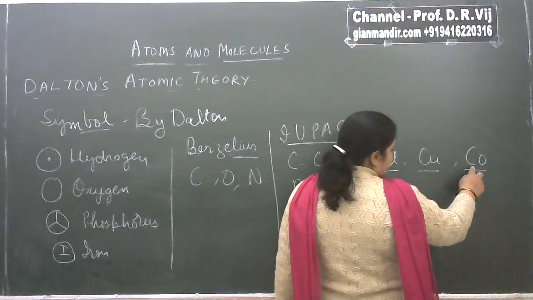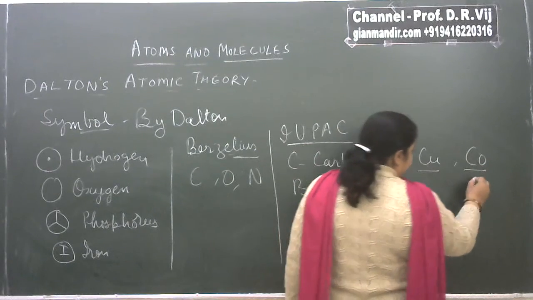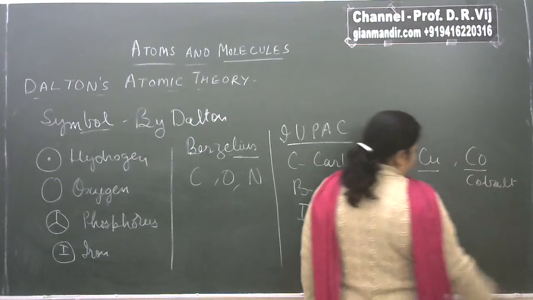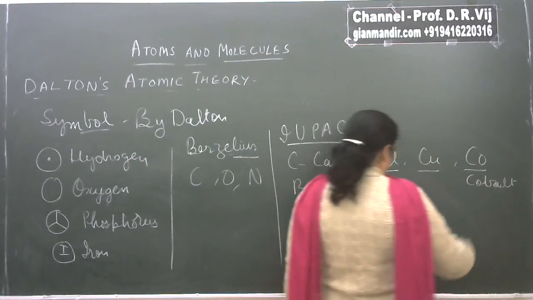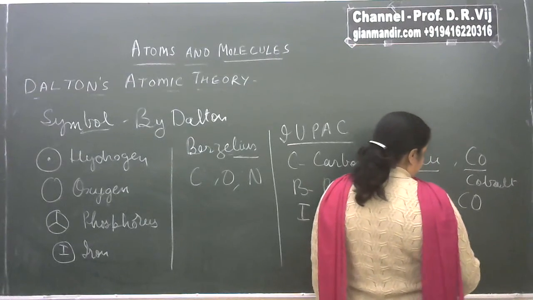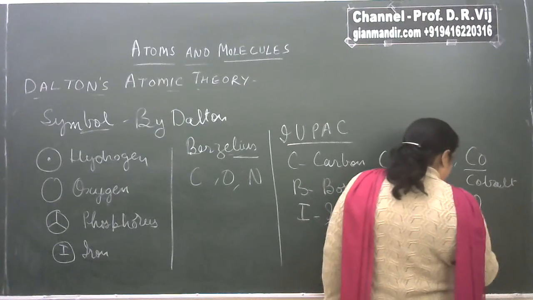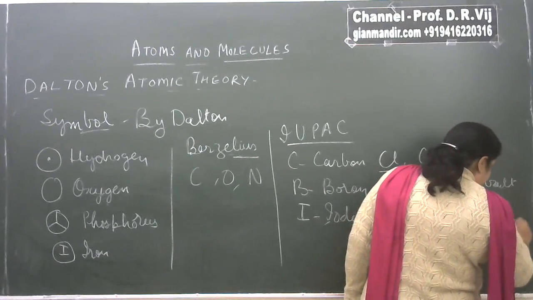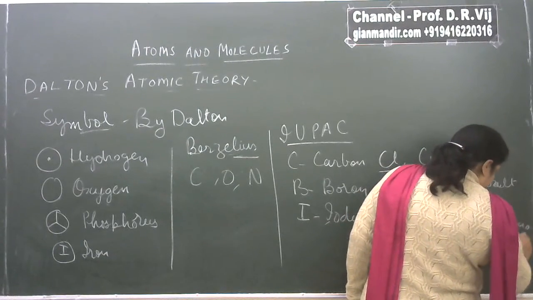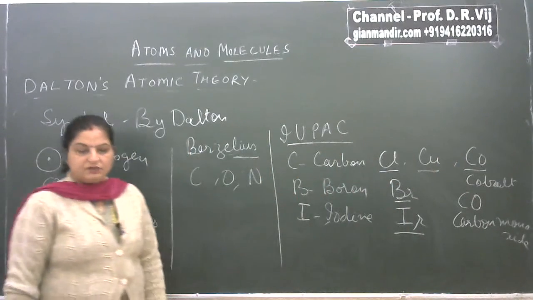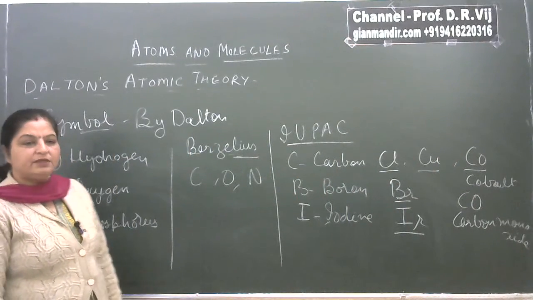If you put capital C, small o, it stands for cobalt. And if we write capital C, capital O, it's no more cobalt. It is the compound known as carbon monoxide. So a small negligence can change the whole thing.